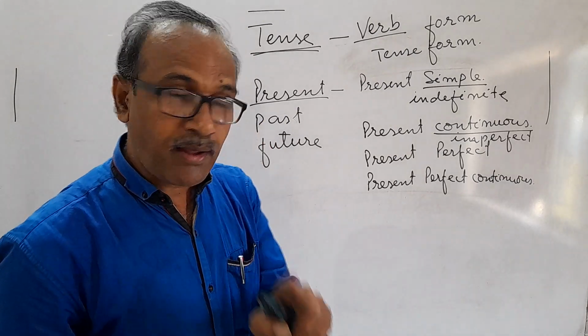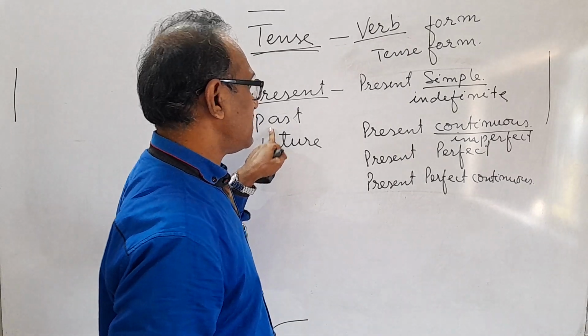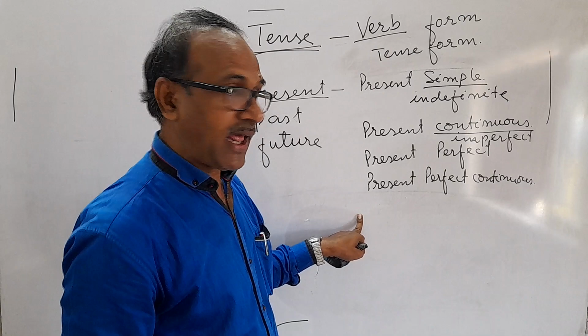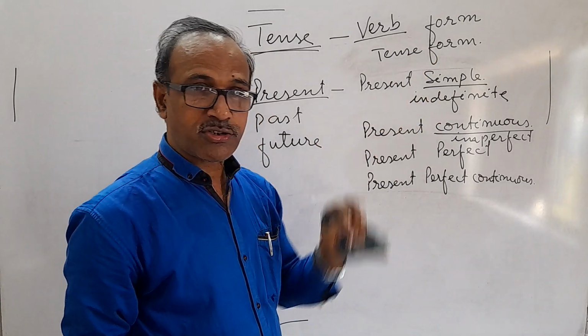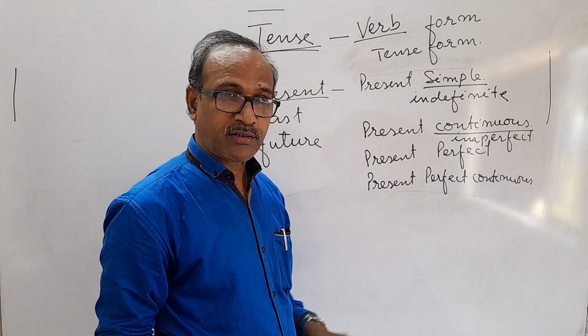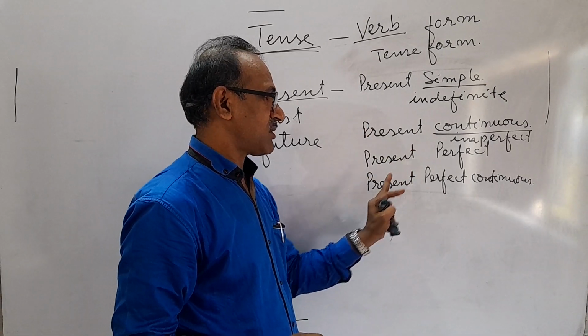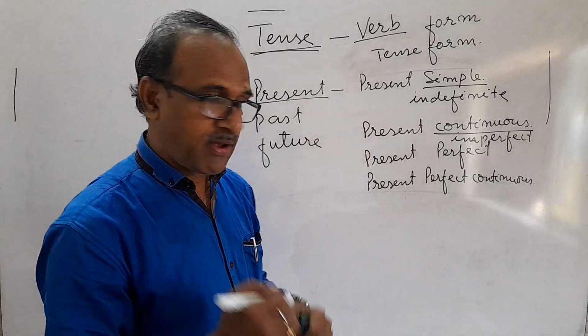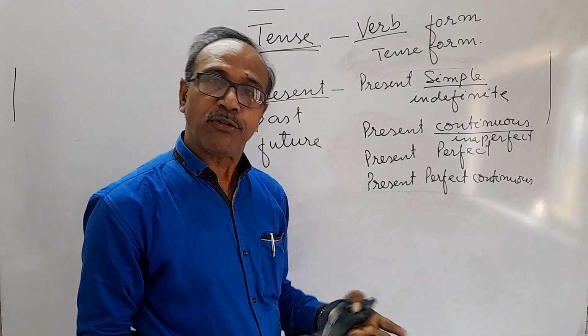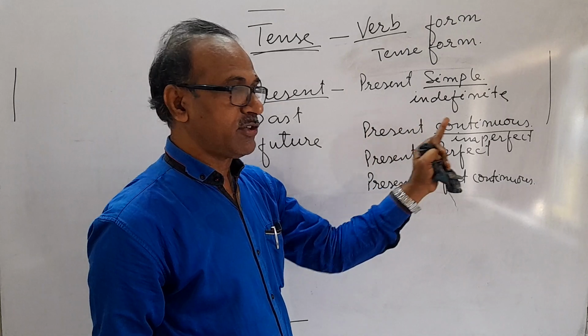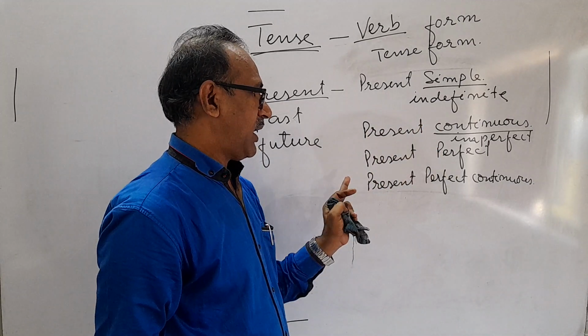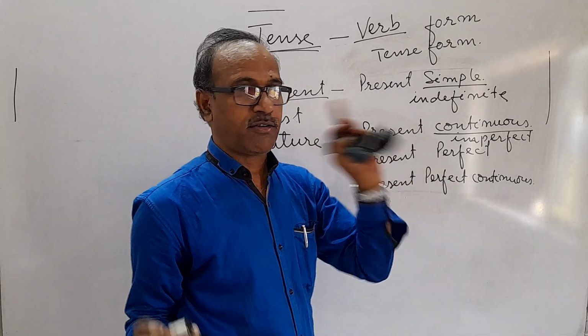Okay, the same way past is divided into four, like past simple, past continuous, past perfect and past perfect continuous. In the same way, future is also divided into four: future simple, future continuous, future perfect and future perfect continuous.